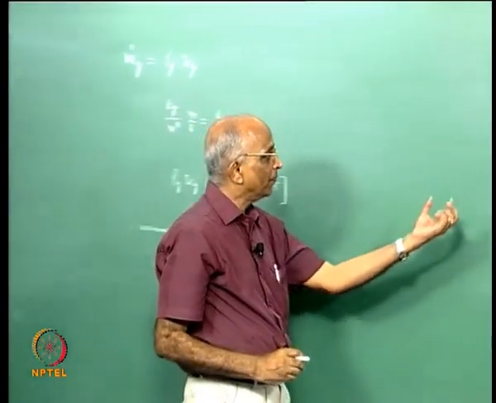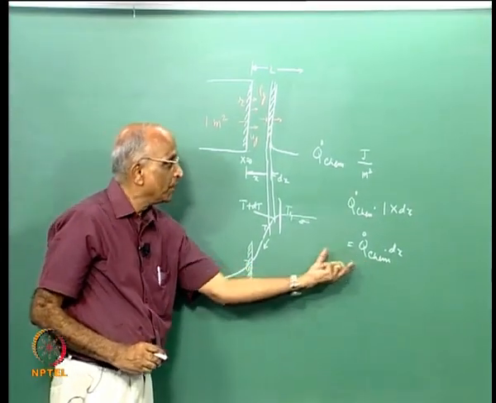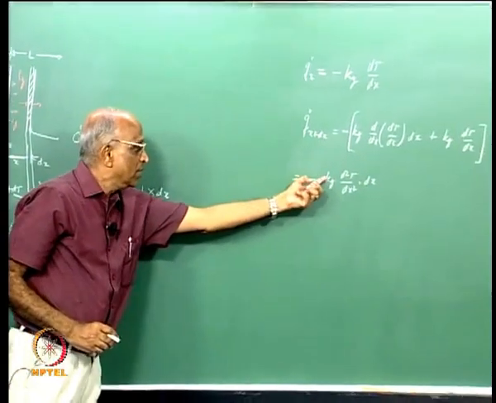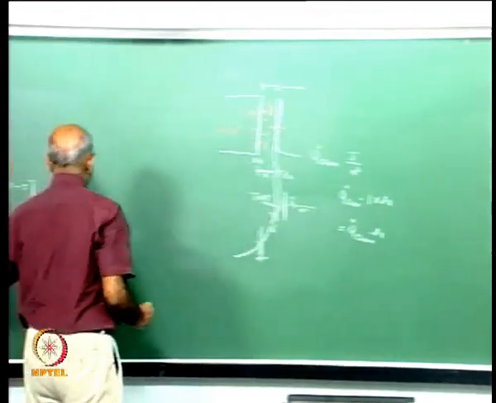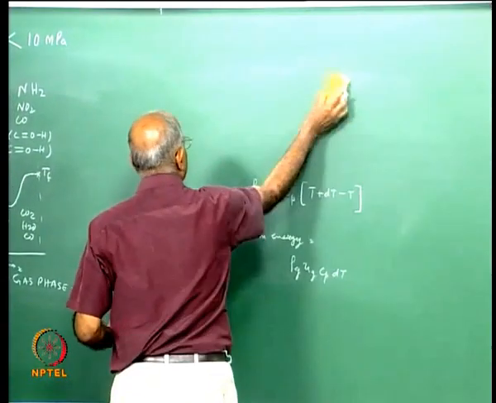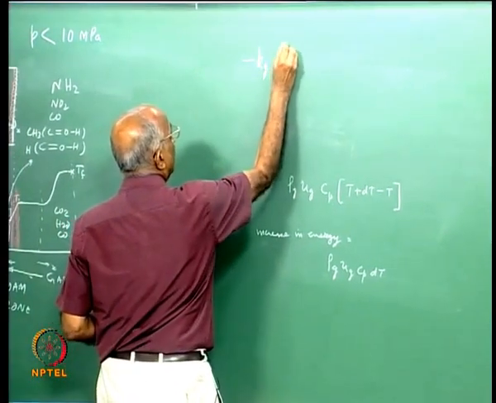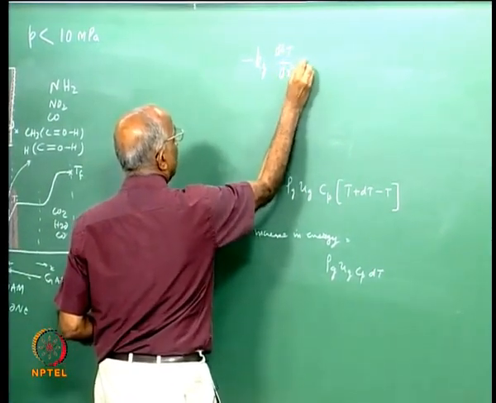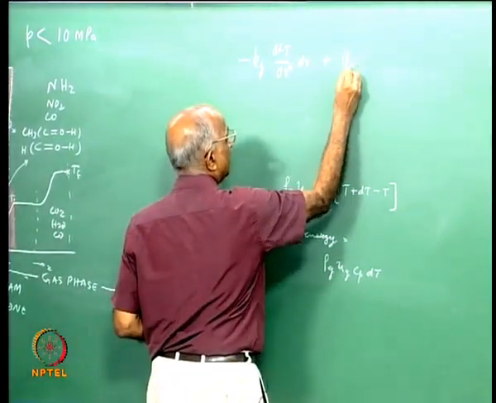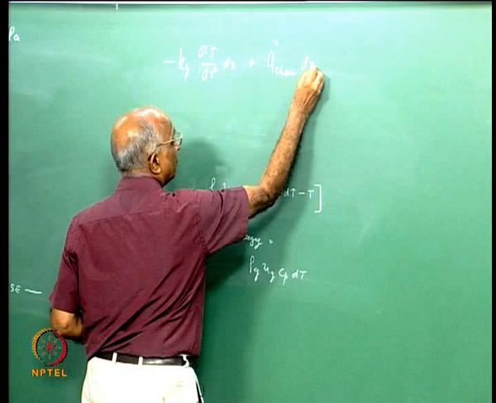The energy comes from the chemical reactions which generate so much of heat, so much joules per meter square, and also I find there is some heat which is getting conducted, that means this plus this must be equal to this, or rather now I can put the equation down as minus kg into d2T by dx square into dx, which is the heat transfer, plus I am getting some heat which is getting generated, Q chemical rate into dx, which is the net heat accumulation.